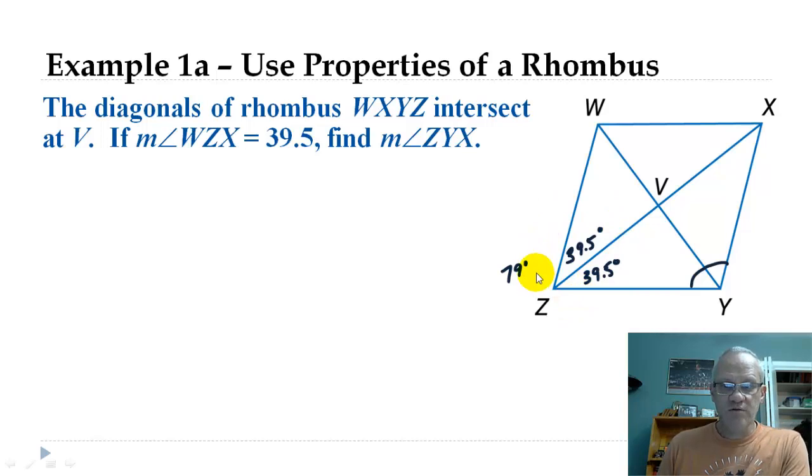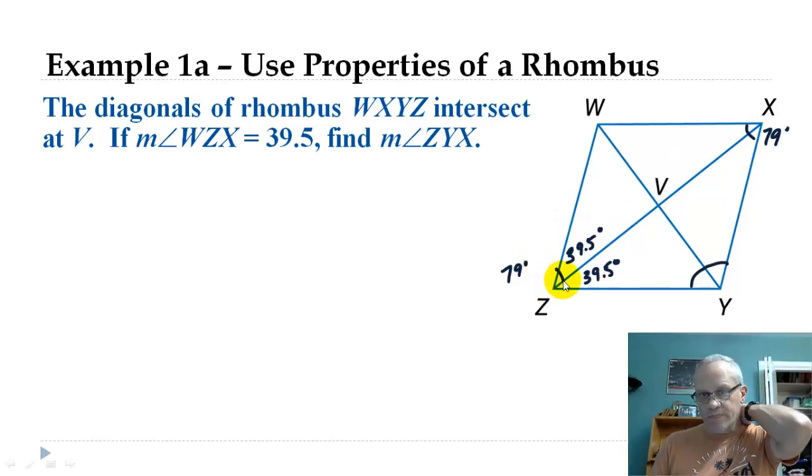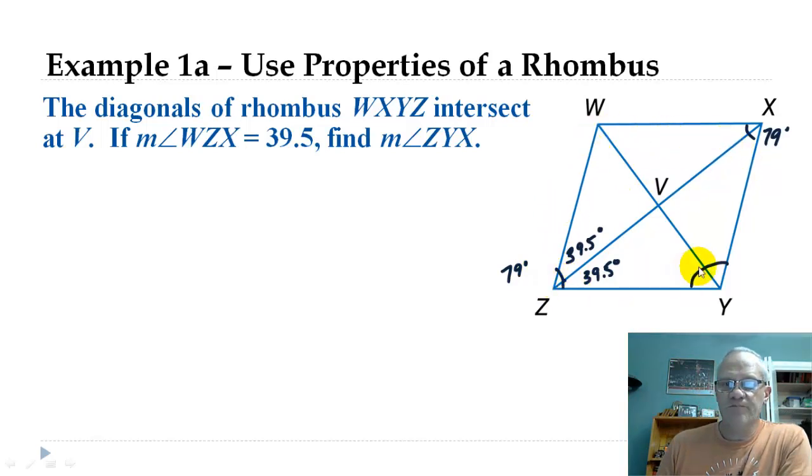Well, it's a parallelogram, so wouldn't this whole entire angle over here, angle X, also be 79 degrees? So this whole thing here and this whole thing are both 79. How many degrees are in a quadrilateral? Remember we talked about that a couple chapters back.